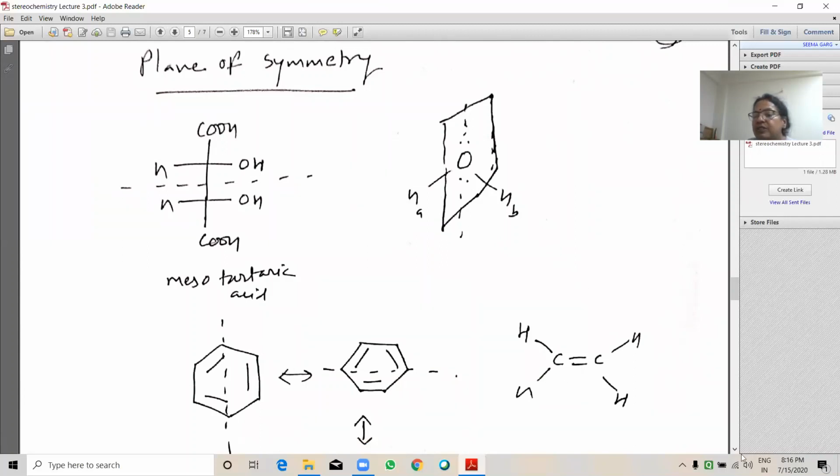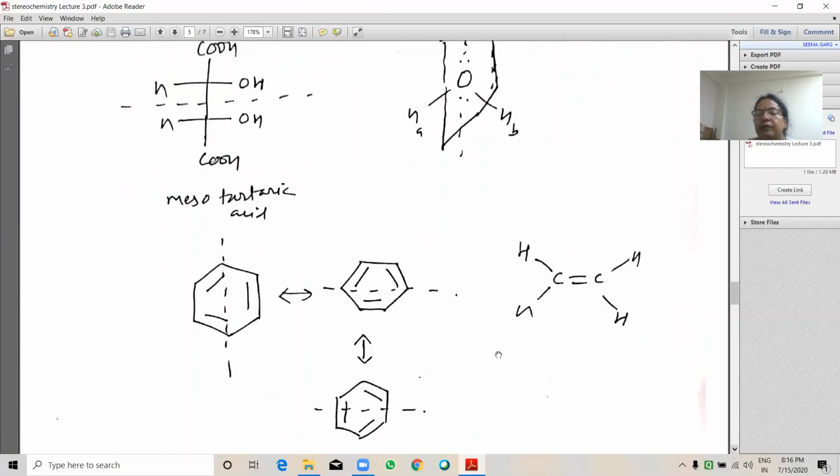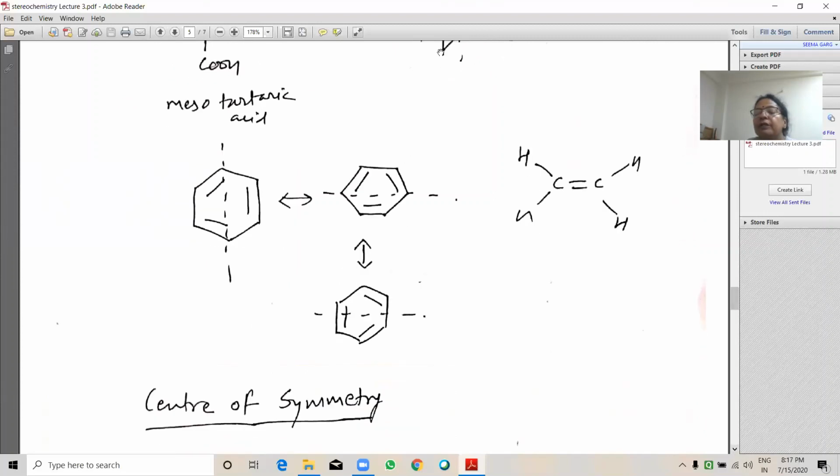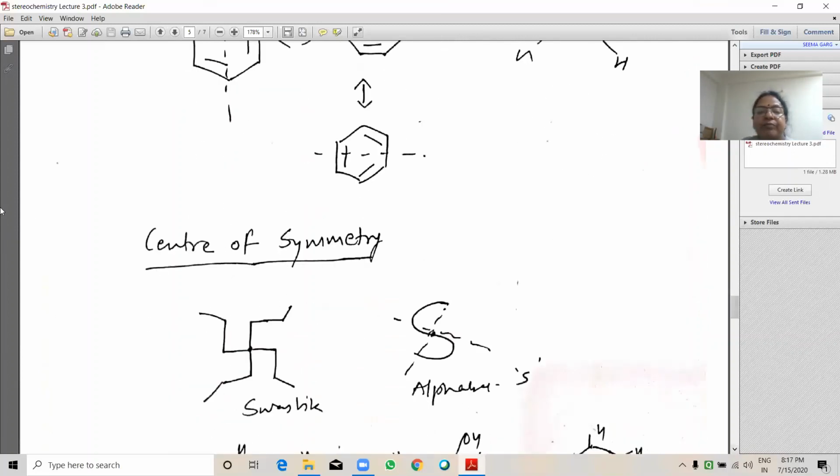Similarly, in the benzene ring, when the plane of symmetry is checked, it is also optically inactive. Similarly, in the ethene molecule, when a plane of symmetry is passed through the middle line, we will get the superimposed mirror image. So it is also optically inactive.